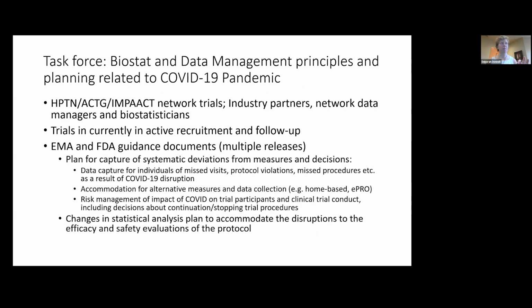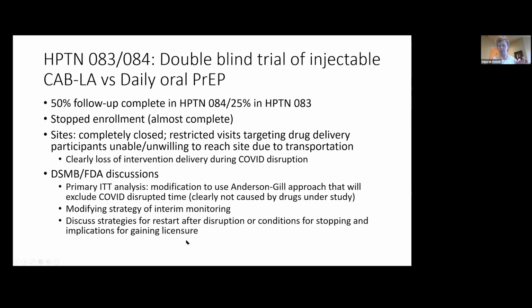And the second thing I'm going to talk about, if I can get the slide to move, is the particular trial where I am doing this work. So we in the HPTN are involved in this double-blind trial of injectable cabotegravir versus daily oral PrEP.